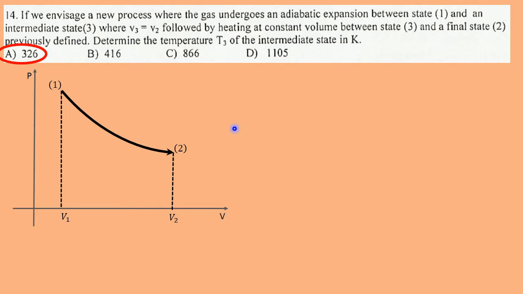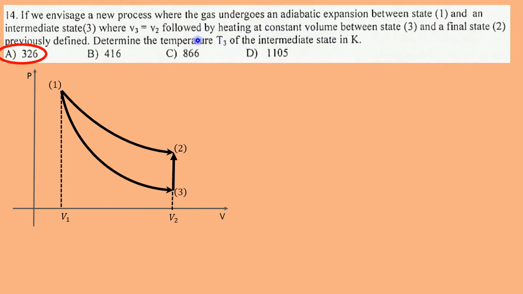Let's try to envisage a new process. Now from state 1 to 3 is an adiabatic expansion, so you can actually see that during an adiabatic expansion the volume increases, and in the course of volume increasing, pressure has to drop. So that's why you see state point 3 is kind of below 2 and it's below the first curve there. Now the next process is given to be heating at constant volume.